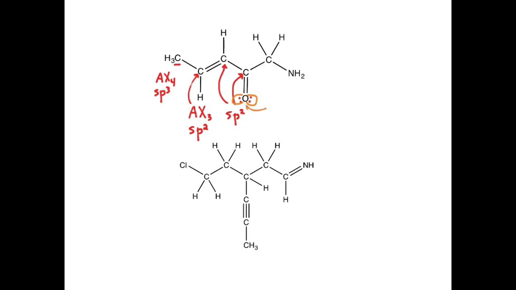So when we look at this oxygen in our AXE model, the oxygen is A. It's attached to 1 atom, carbon, so it's AX, and that oxygen has 2 lone pairs, so that's AXE2.